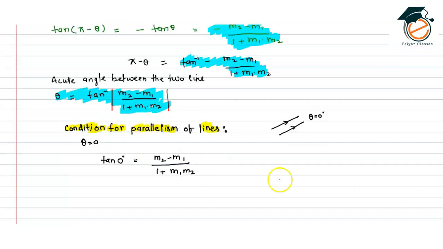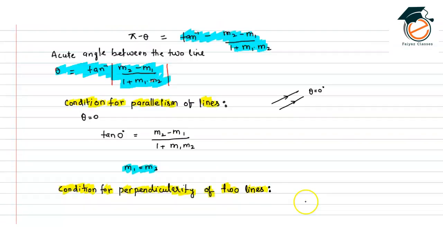We know tan 0 degrees is equal to 0, so by solving this we get m1 is equal to m2. This relation shows that if two lines are parallel to each other, their slopes are equal.